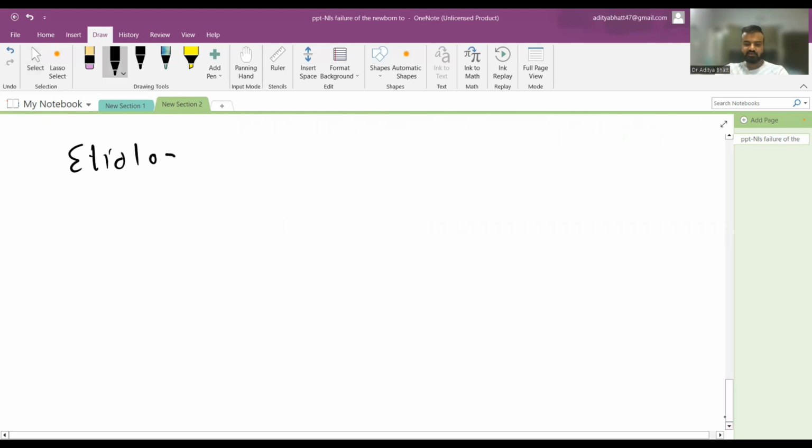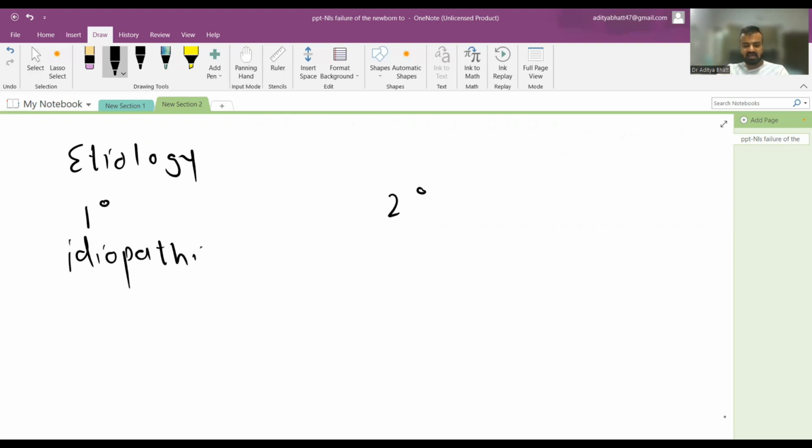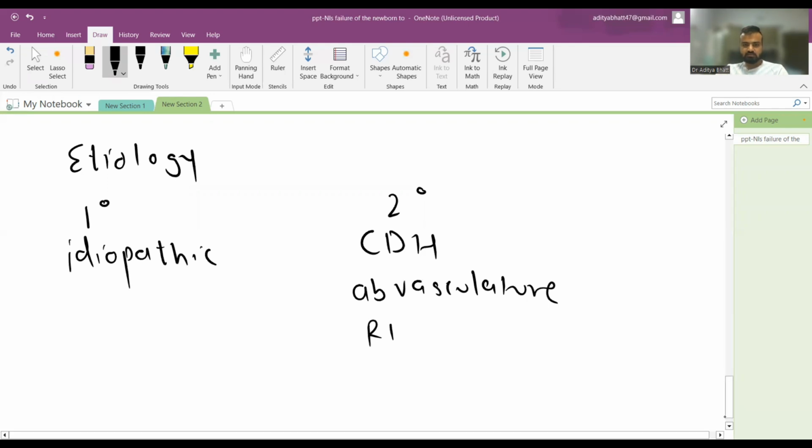Now next is etiology. Etiology is very, very important. PPHN occurs due to two reasons: one is primary and the second is secondary. Primary is idiopathic PPHN. Secondary are causes like congenital diaphragmatic hernia, abnormal vasculature, RDS, or any cyanotic congenital heart disease.